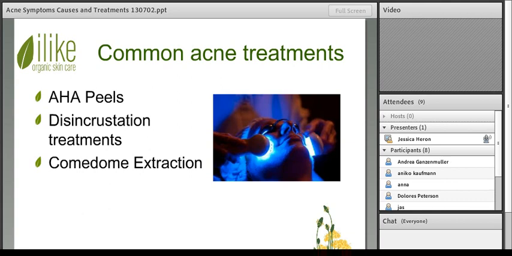Comedone extraction. Manual extraction of comedones cuts bacteria and also reduces the size of the pores. So it'll help to tighten the pores, plus reduce the amount of bacteria that's being built up in the pore, and helps to prevent the first stage of that, when we were talking about comedones, how, especially a closed comedone, has a higher risk of becoming an actual pimple or something that's an inflammatory lesion like a papule or pustule.